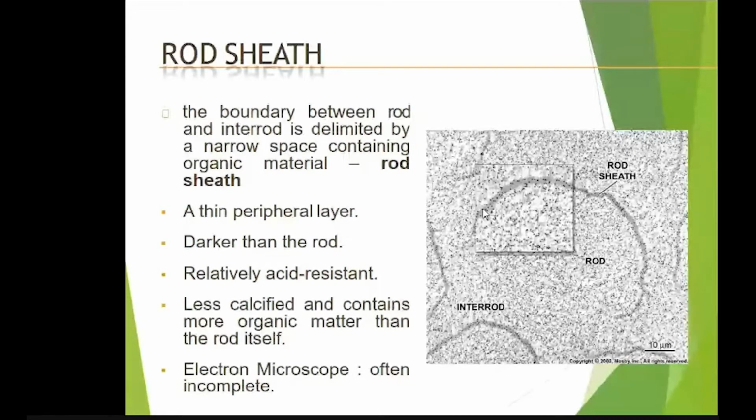The content of the organic material in rod sheath is higher than the enamel itself. So we see a thin peripheral layer darker than the rod. This is all about the rod sheath.